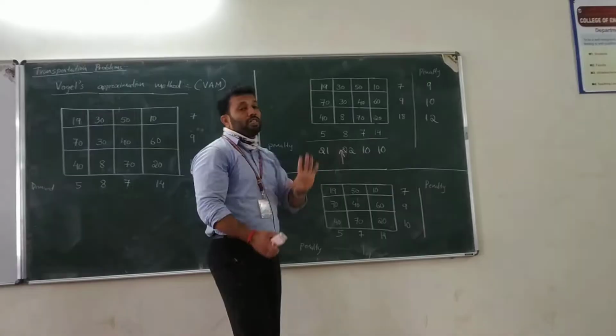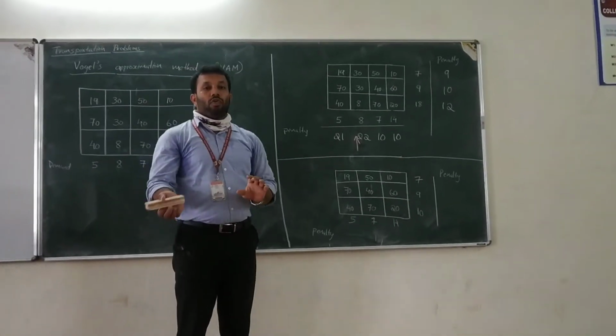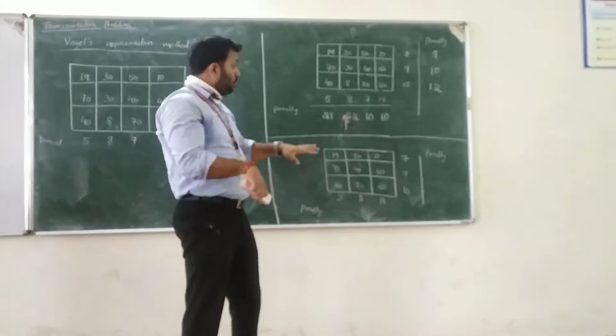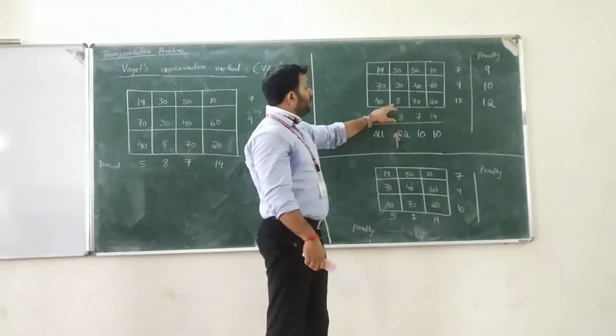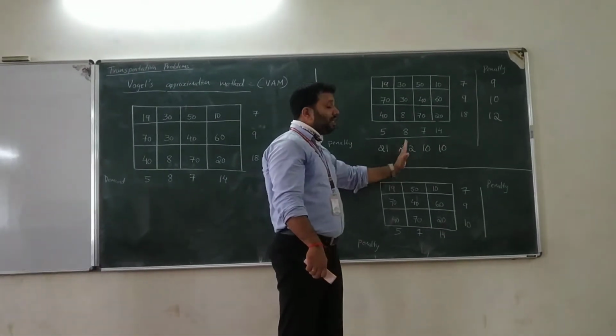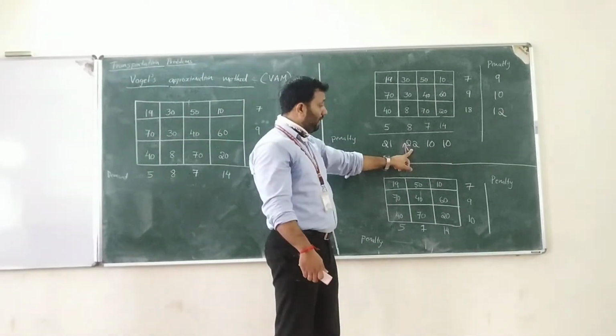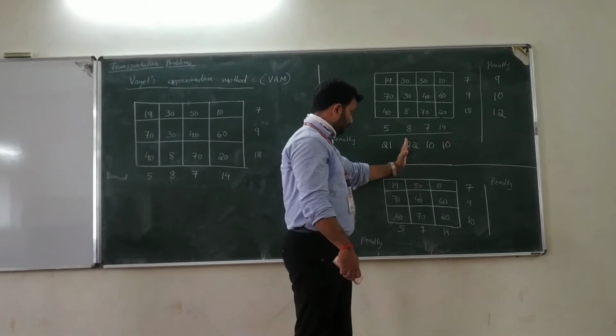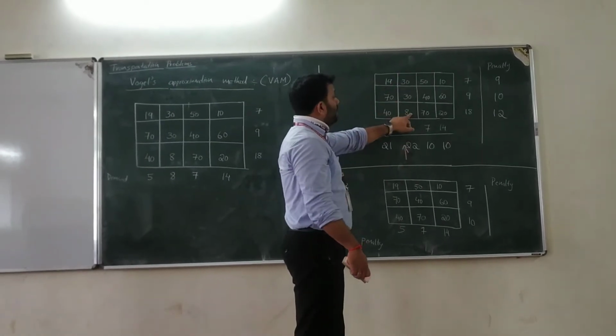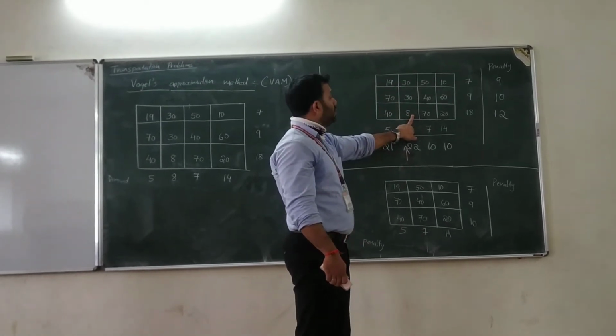The remaining concept is similar to the other methods we have followed for solving the transportation problem. We have selected this column of highest penalty, and in this column you have to select the minimum cost.